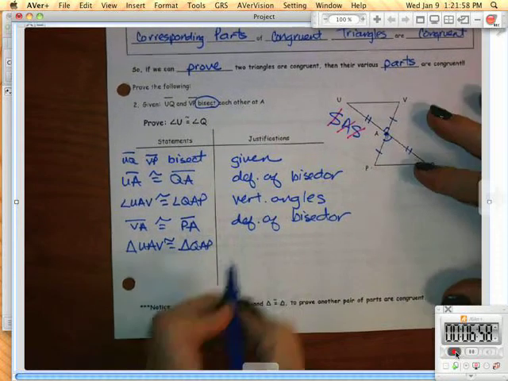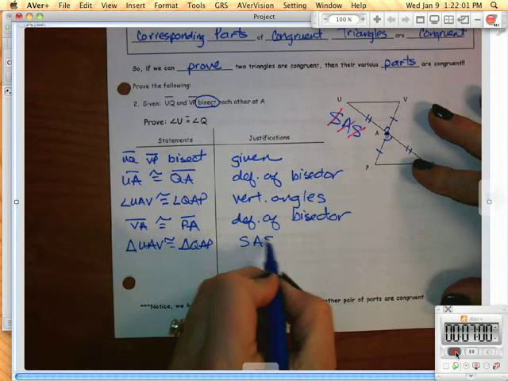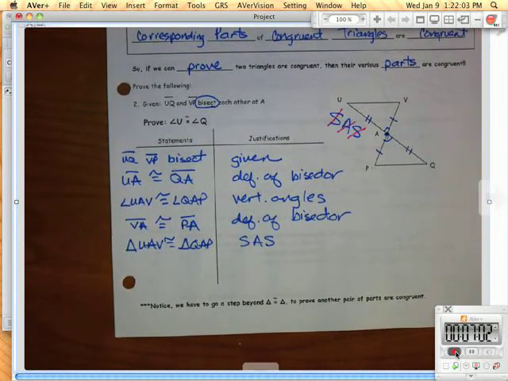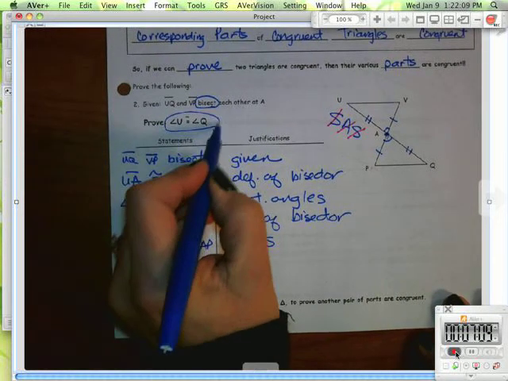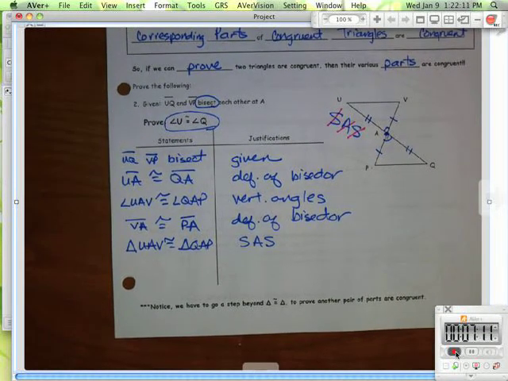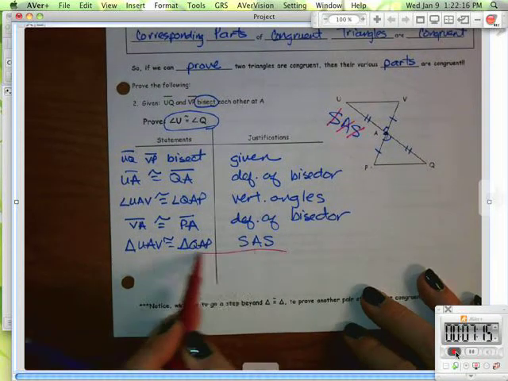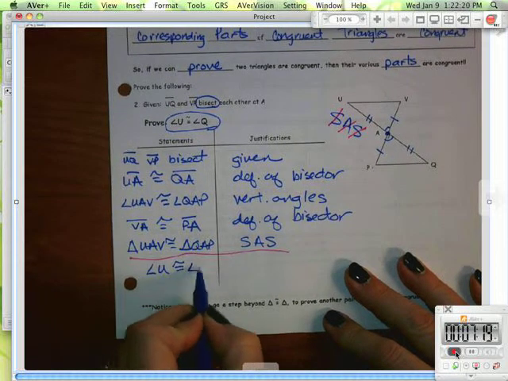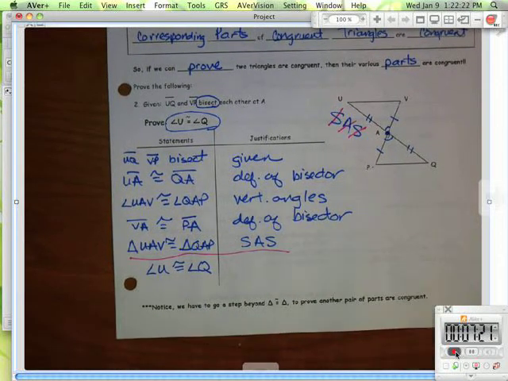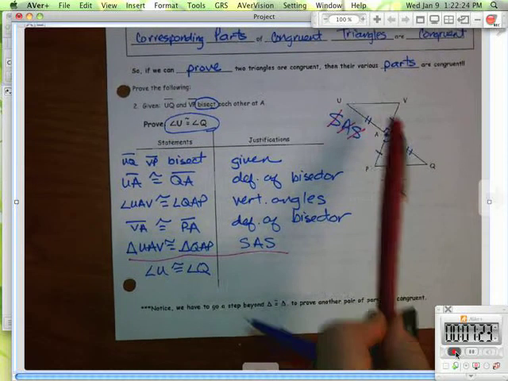So this is congruent because of side angle side. But look, we have to prove this. We have to add one more statement in here, proving that angle U is congruent to angle Q. Well, we've shown that the two triangles are congruent.